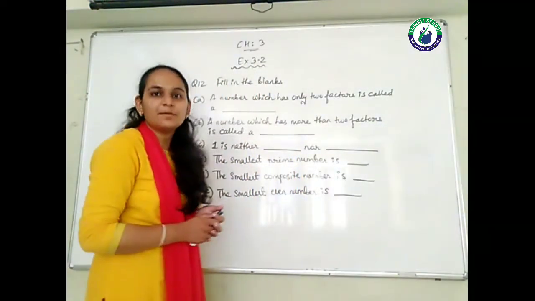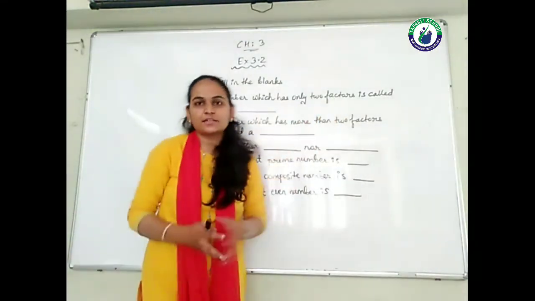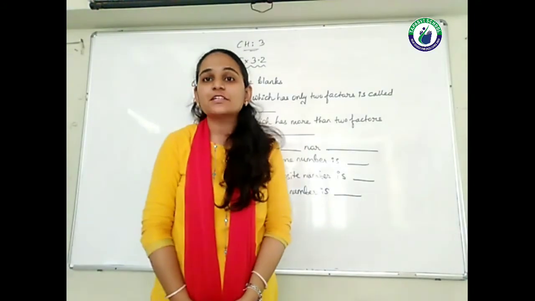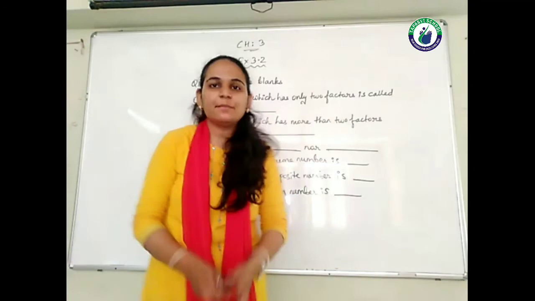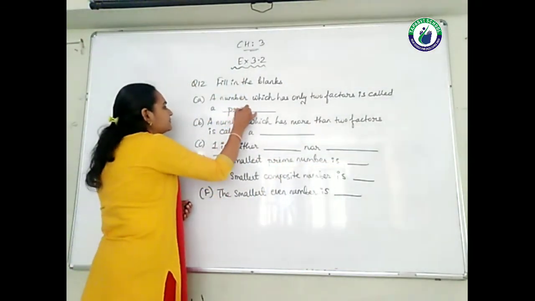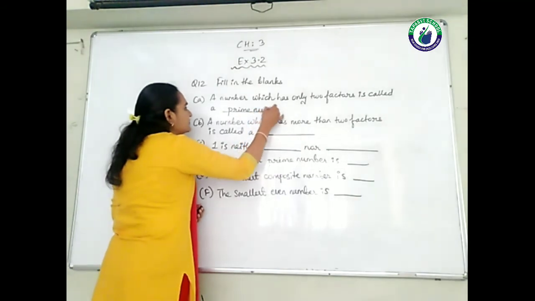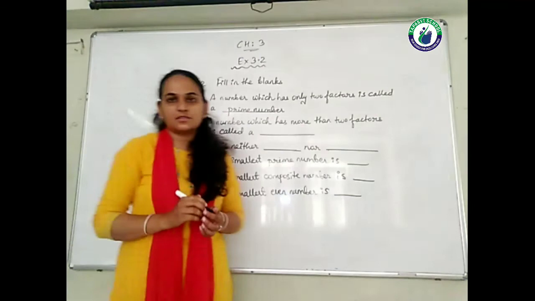That question is fill in the blanks. First one is, students, a number which has only 2 factors. A number which has only 2 factors is called, the numbers which have only 2 factors is called prime number. So here we'll be writing, students, prime number. Next one, a number which has more than 2 factors. Right?